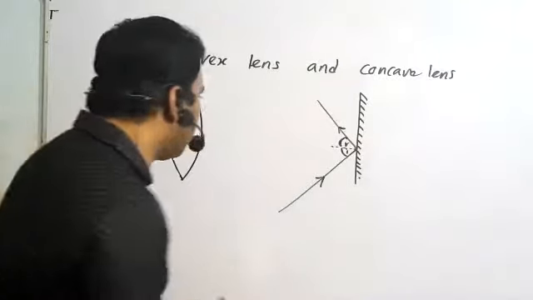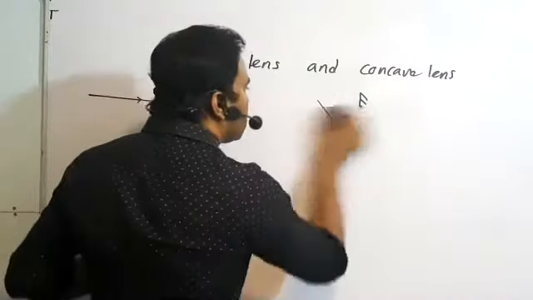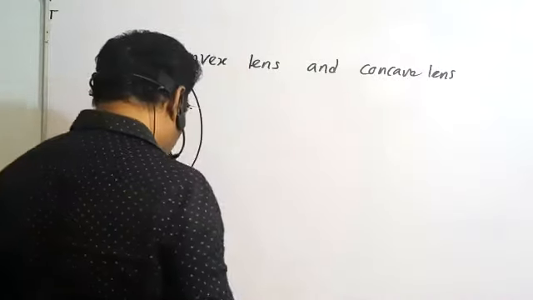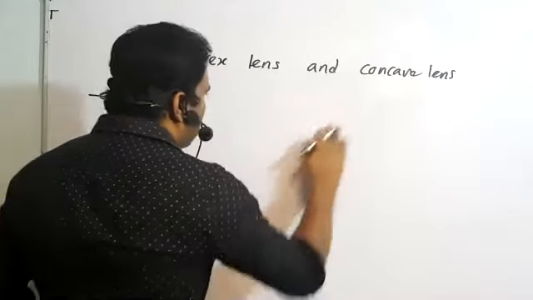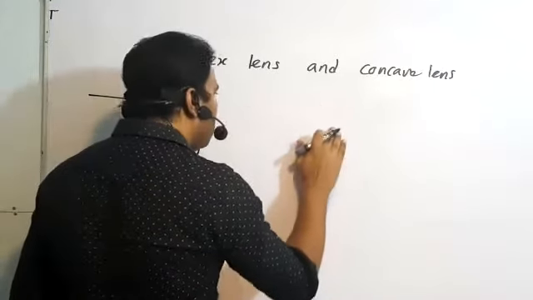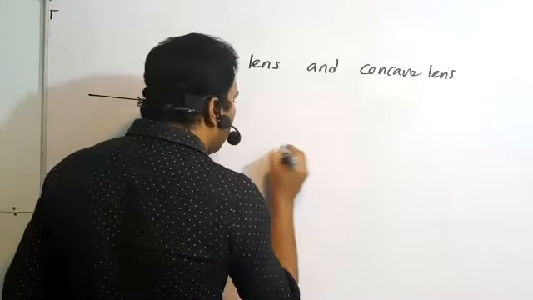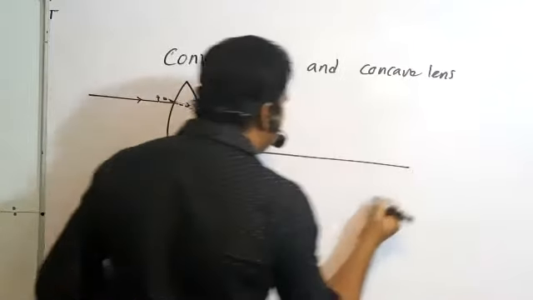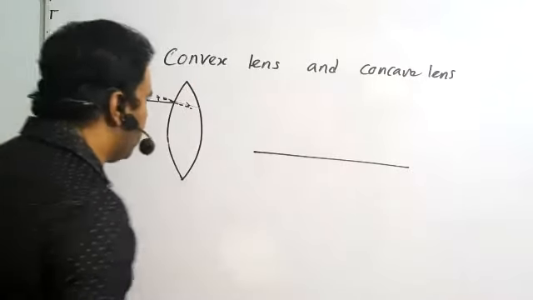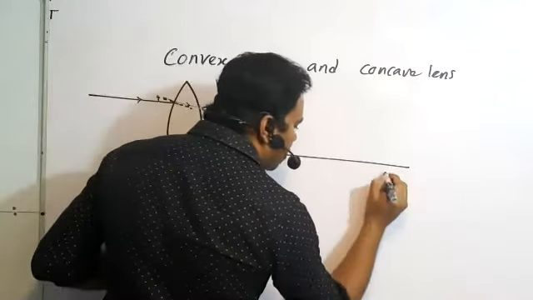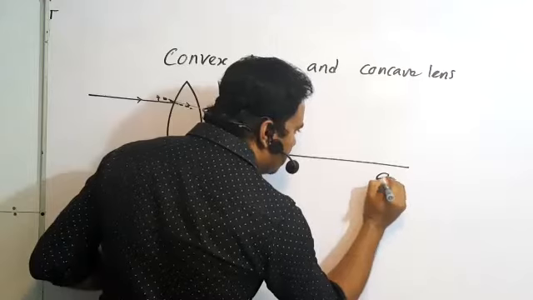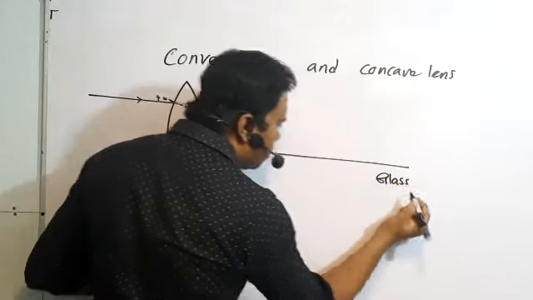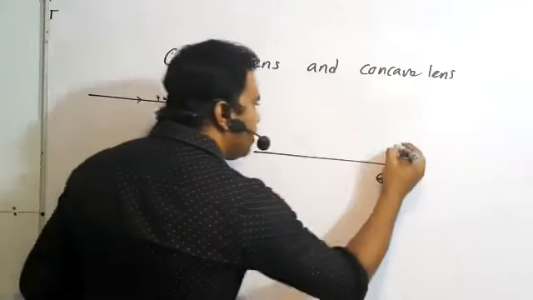As this is a lens, it's not clear, because these lenses work according to the concept of refraction. So this is the medium glass, and this is the medium air.